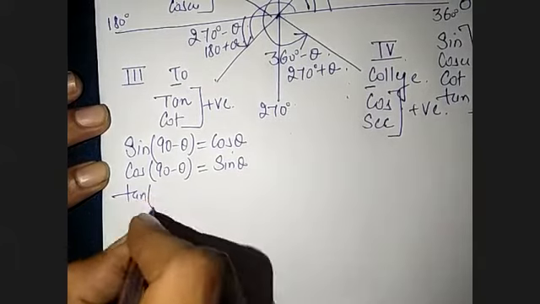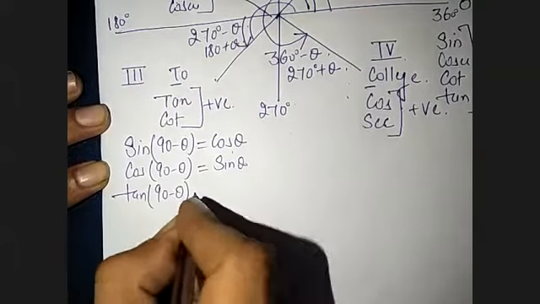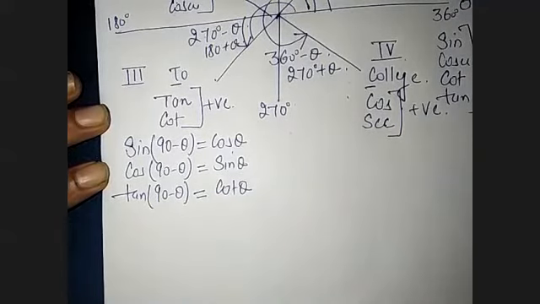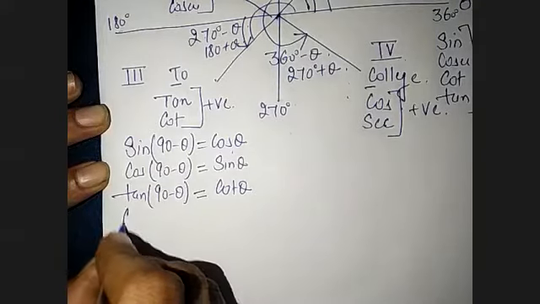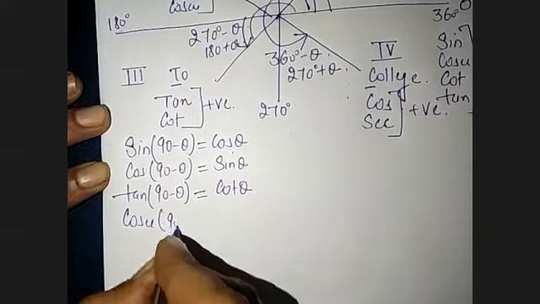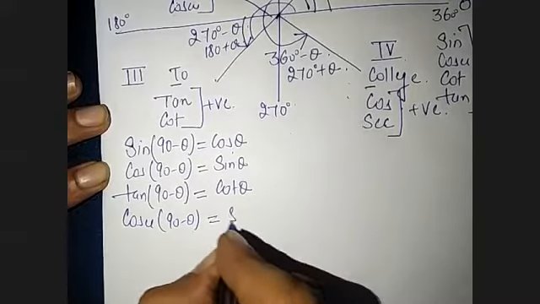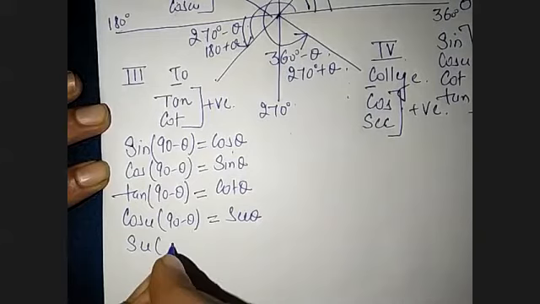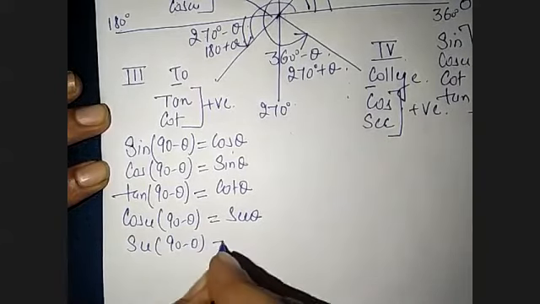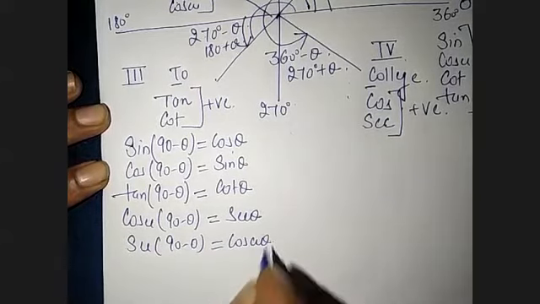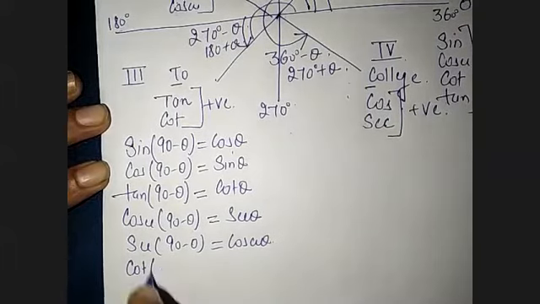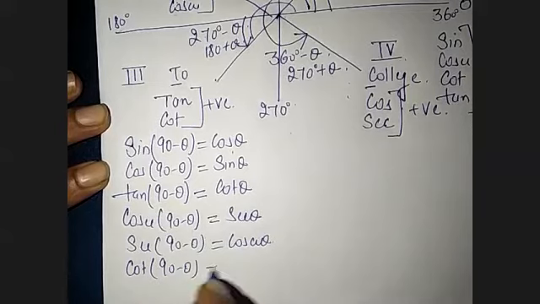We say tan 90 minus theta is equal to cot theta, and then cosecant 90 minus theta is equal to secant theta. Then secant 90 minus theta is equal to cosecant theta. And in the last, cot 90 minus theta is equal to tan theta.